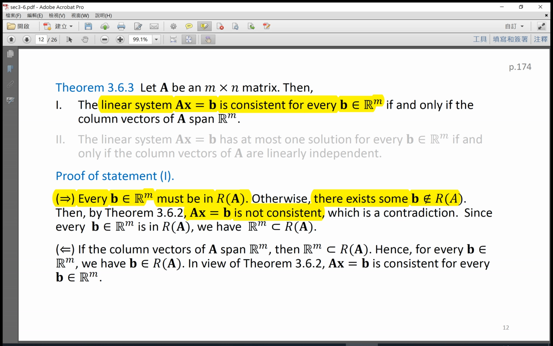So every b in Rm must be in the range space of A, and this in turn means that Rm is a subset of the range space. And since Rm is a subset of the range space of A, the column vectors of A span Rm.